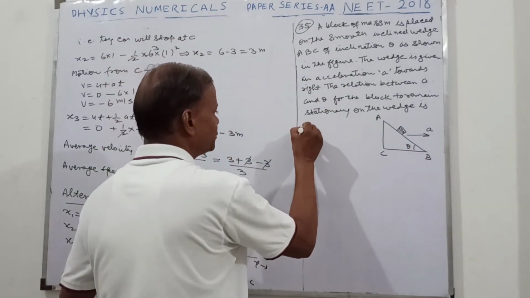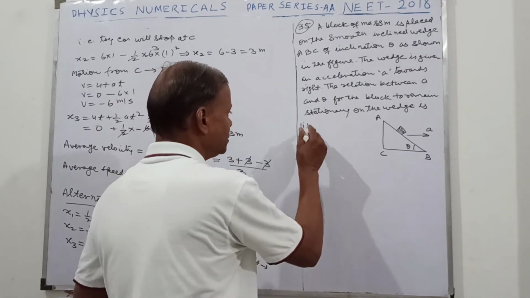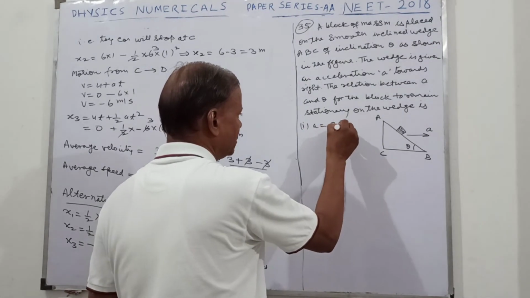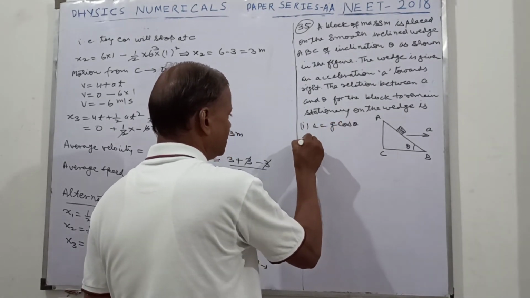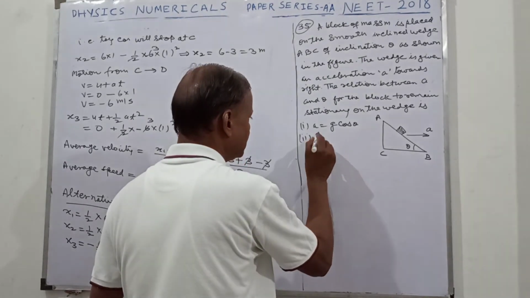And now the options are: first, A equal to g cos theta. Second is A equal to g upon sin theta.